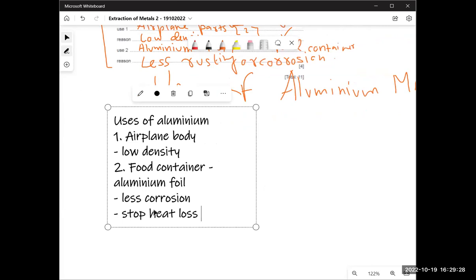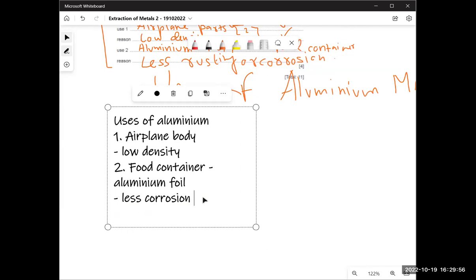That is correct, but that's a property of all metals, right? It's not specific to aluminum. Every metal will stop heat loss. So I can even use iron in that case. I can use copper, but aluminium is used because it does not rust, right? Less corrosion.